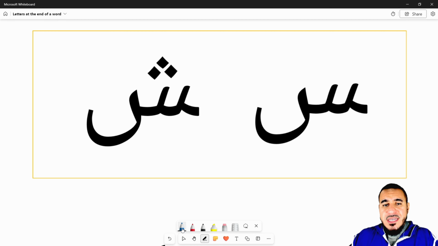Only difference being is it's got the tail at the beginning of the letter so that it can connect to the letter that comes before it in the word. But when it's at the end of the word, it will have the shape that it has when it's a solo letter, meaning it has the big ending flicks.